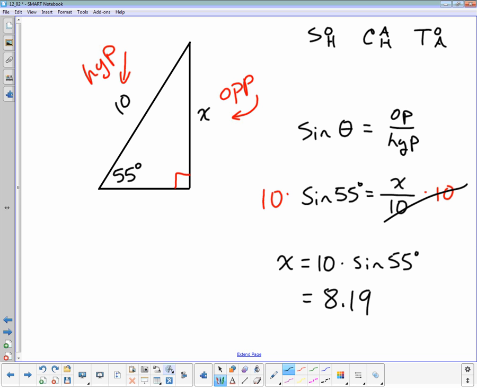Now let's look at that and say, wait a minute, does that make sense? First of all, look at your picture. If the hypotenuse is 10, does it make sense that x would be 8 and a little bit? You can eyeball it.